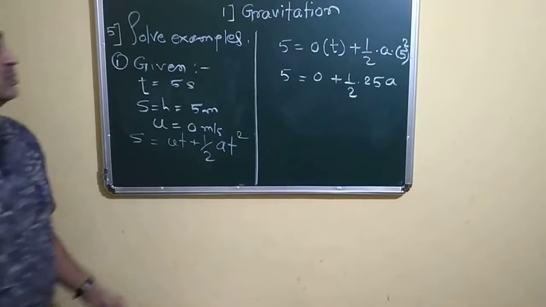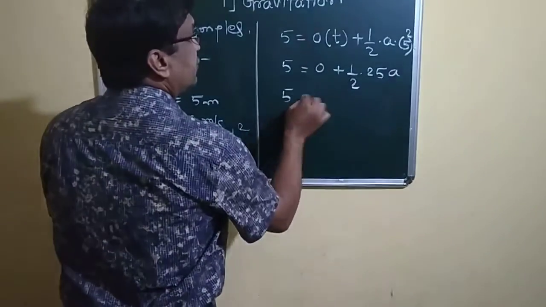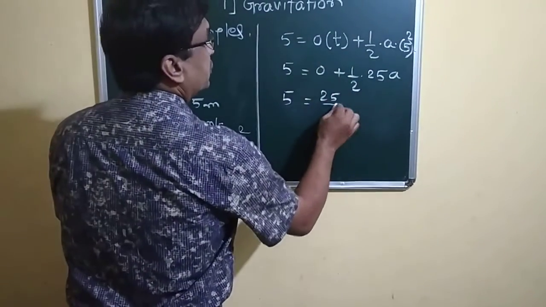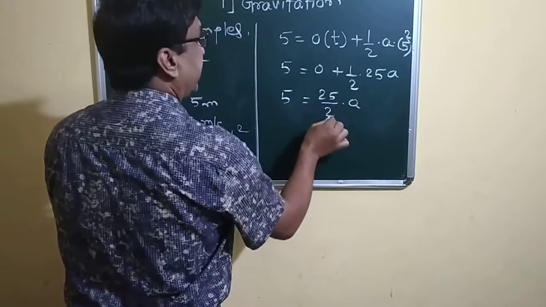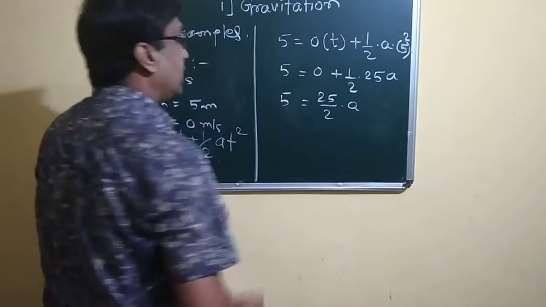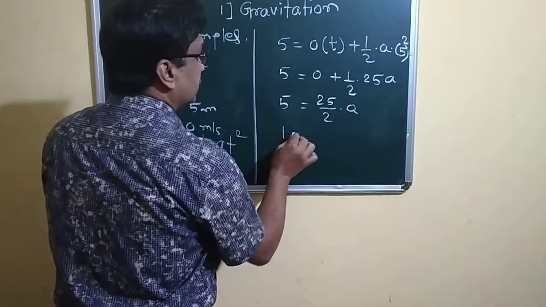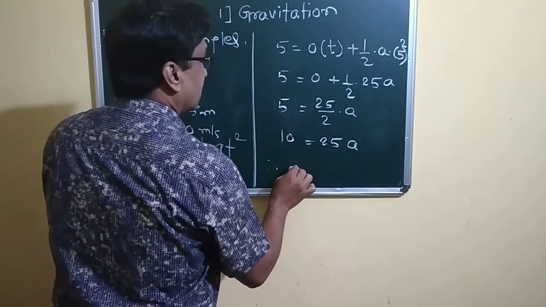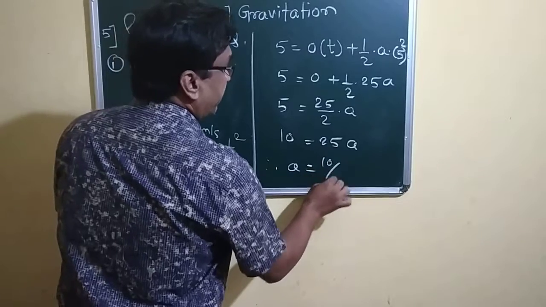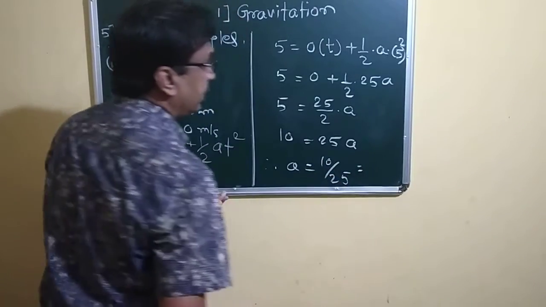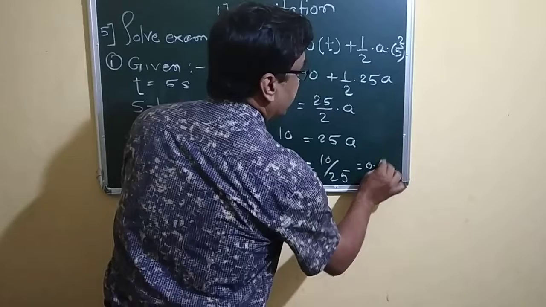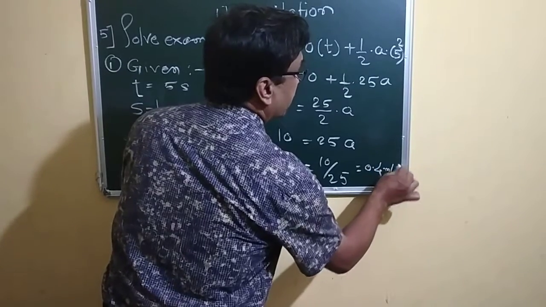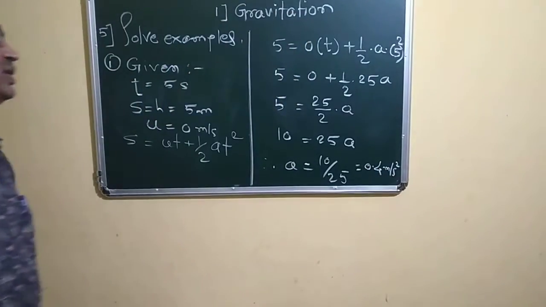So 5 is equal to 25a upon 2. Cross multiplying, 5 into 2, 10 is equal to 25a. That means a is equal to 10 upon 25, and its value is 0.4 meter per second square.